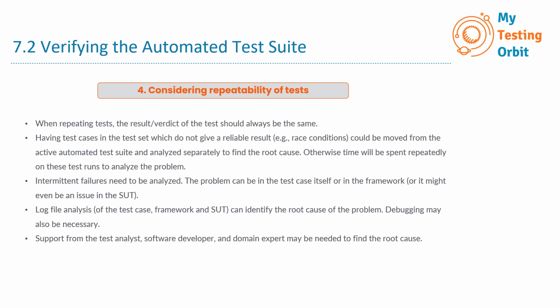So let's say if you have to fix a bug in a car, you might need help from a mechanic, an engineer, and also a designer to understand and then solve the issue. So all these practices help to make sure that tests are reliable and any issues causing test failures are understood and fixed effectively.